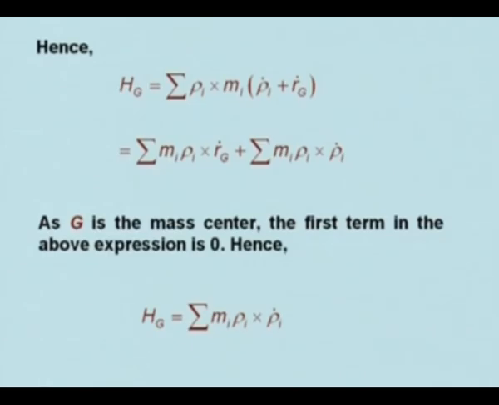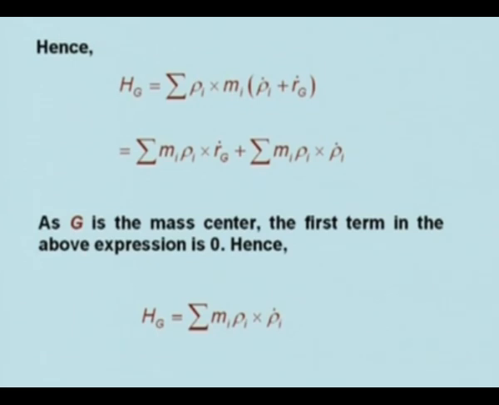Hence Hg is equal to sigma rho i cross mi (rho dot i plus r dot g), and this will become sigma mi rho i cross r dot g plus sigma mi rho i cross rho dot i.